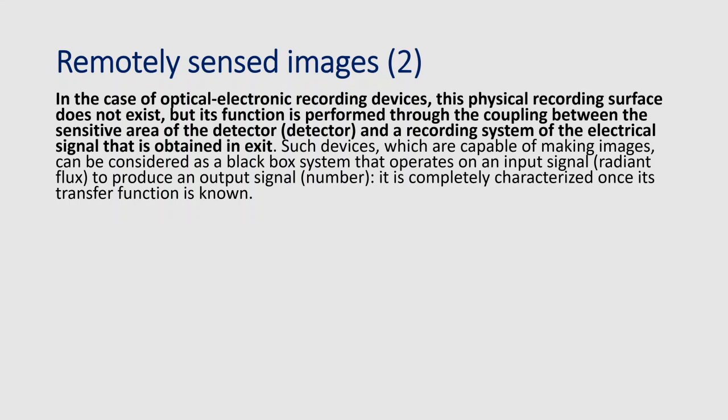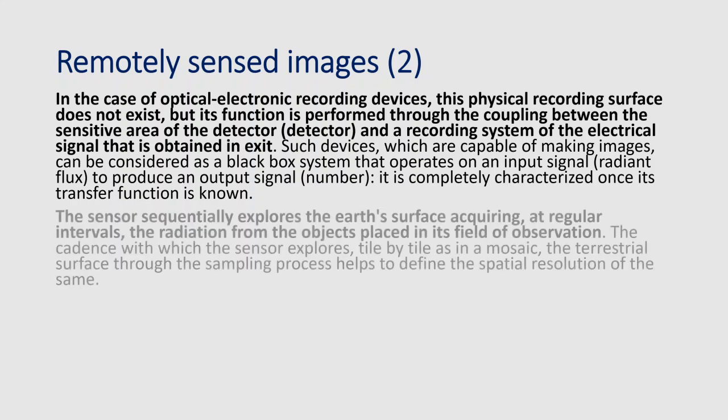Such devices, which are capable of making images, can be considered as a black box system that operates on an input signal, that is a radiant flux, of course, a radiance, to produce an output signal that is a number, as we all know, a digital number. It is completely characterized once its transfer function is known.